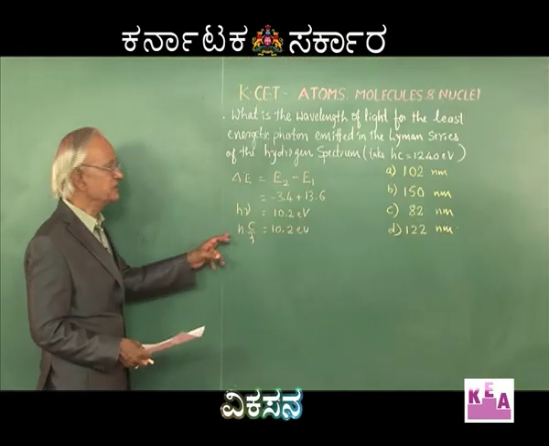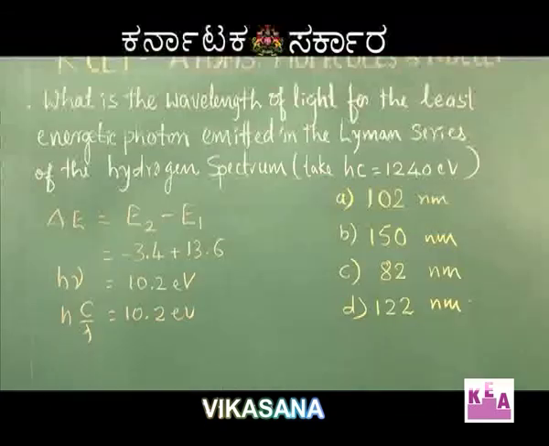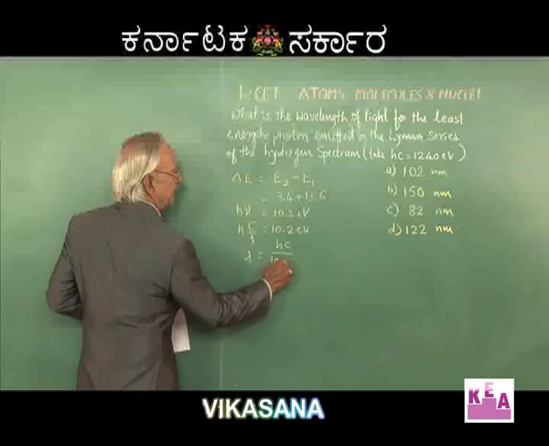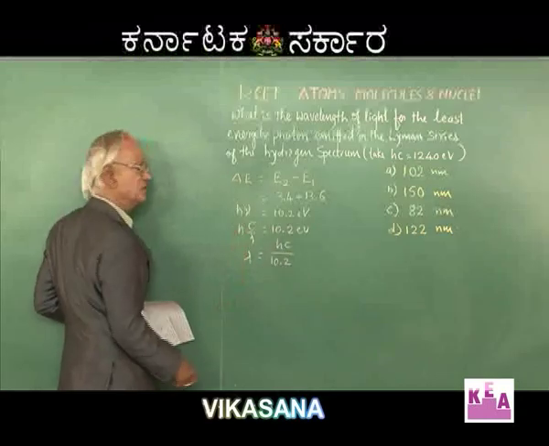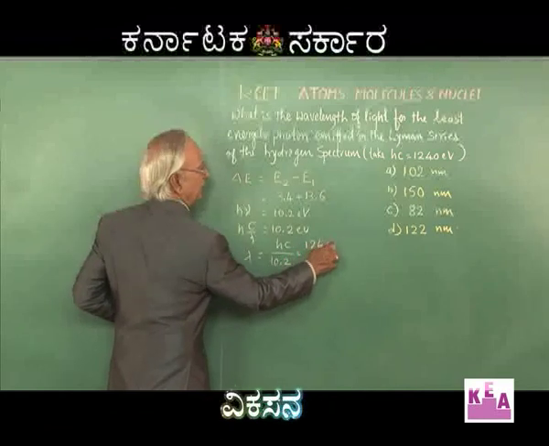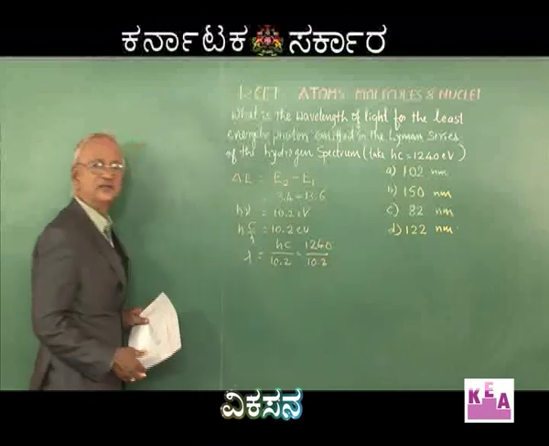And once you reach this point, you again look at the quantity that is given in the problem. You are asked to take hc equal to 1240 electron volt nanometer, and that is why I will rewrite this: lambda is equal to hc divided by 10.2, both are in electron volts only, and hc you substitute here 1240 divided by 10.2.